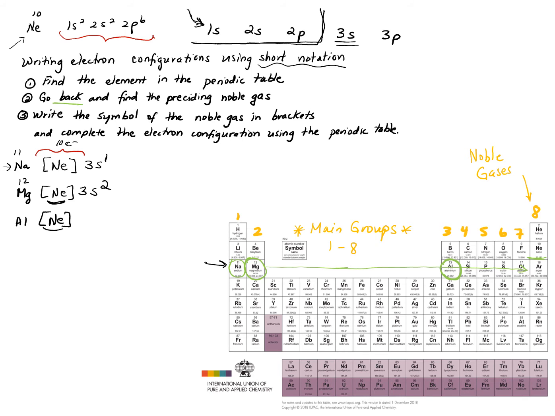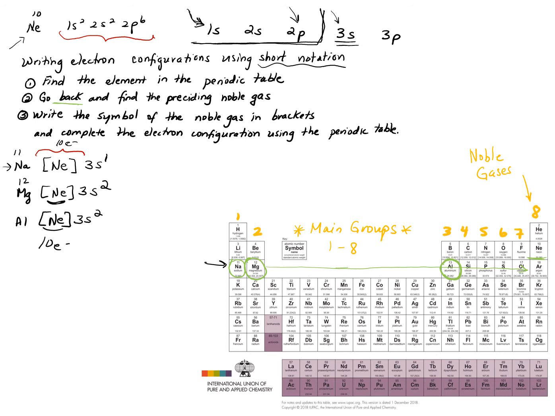So now we have 10 electrons here and we have to go all the way to 13 electrons. If you check up here, that's neon all the way to 2p6. Then right after that it goes 3s2. That's 12 electrons, the same thing that we have for magnesium.